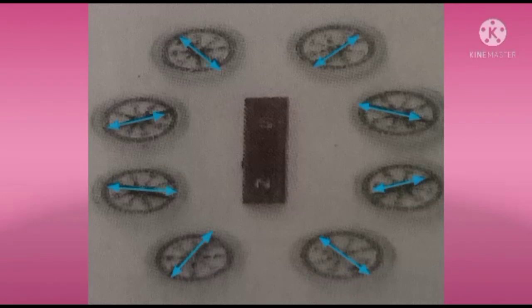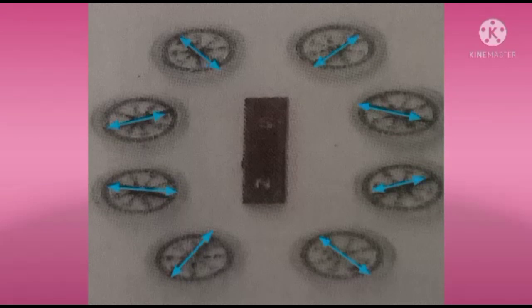So in this activity, what do you say? The force which occurs without any physical contact between two objects is known as a force at a distance or field force.